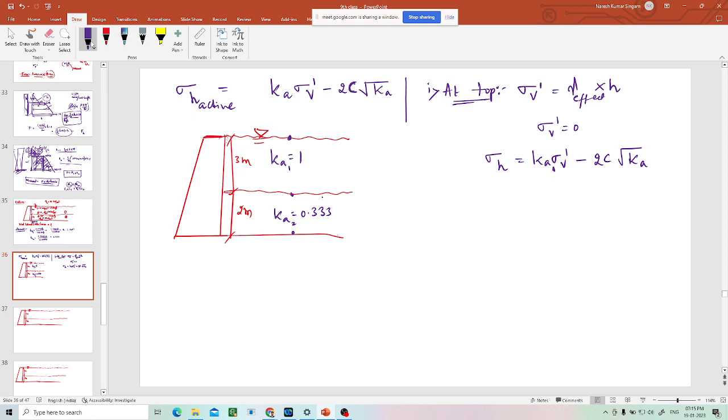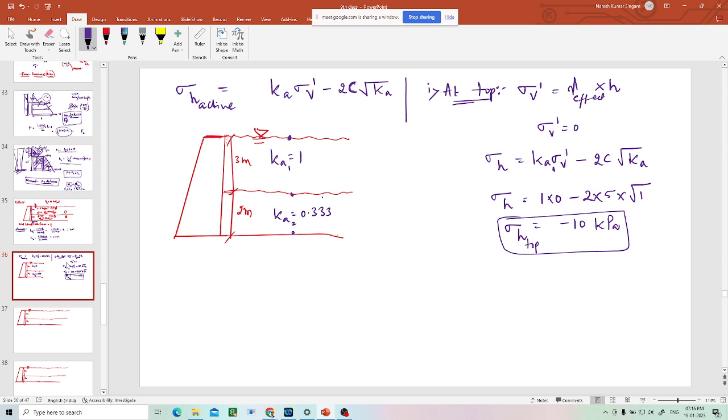Because this point at the top is in the first layer, we use Ka1. So 1 multiplied by 0 minus 2 into c, which is 5, into root 1. That gives minus 10 kilonewton per meter square, which I'll write as kPa. This is sigma h at the top. Now I have found the horizontal earth pressure at the top.